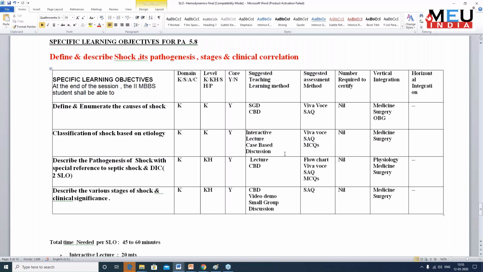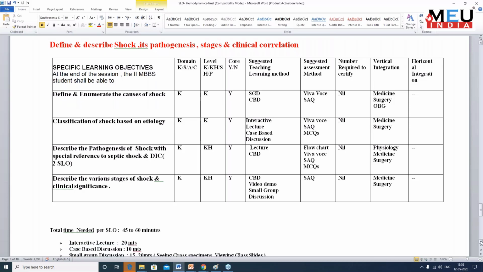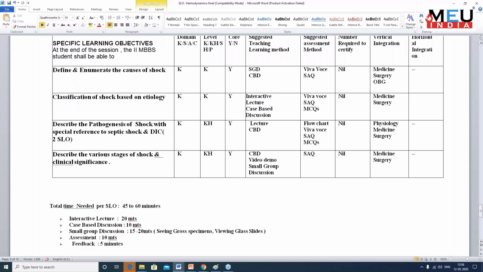And next component is to describe the pathogenesis of shock with special reference to septic shock, because cardiogenic shock and neurogenic shock are also components of various types of shock, though they take up a small amount of time. But that flow chart which is given is good, and I think we can utilize that to make the students understand better.